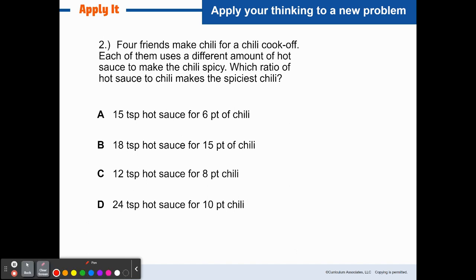So this one would be hot sauce, 15 to 6, right, to chili. Let's see what this reduces to. 3 is a factor here for each, so 5, 2, right? 5 divided by 2 would be 2, minus 4 is 1, so 2 and 1/2. 18 per 15, right?